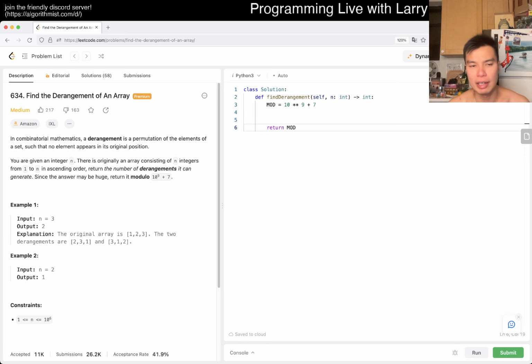I think the other way of thinking about it possibly is to count the number of ways that at least one element is in its place. I'm not sure that that's easier, right? I mean, in a weird way, I guess you can sum that sequence easier, but I don't know if that's true, to be honest.